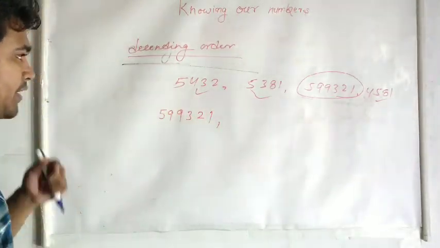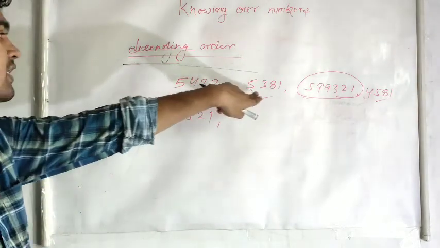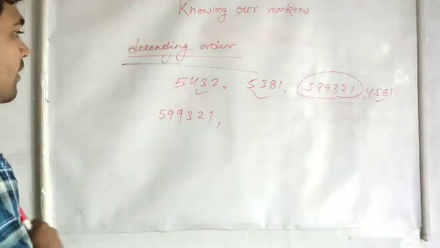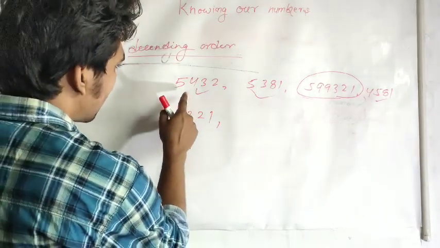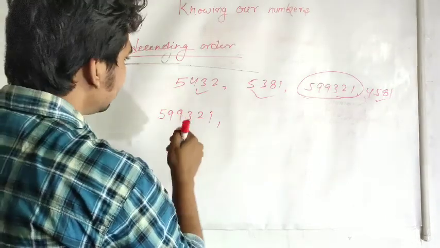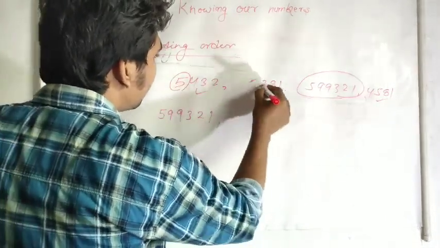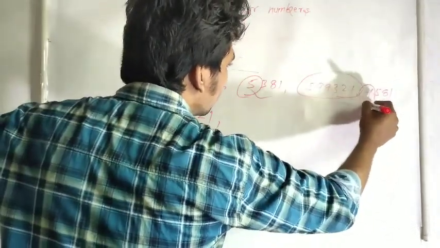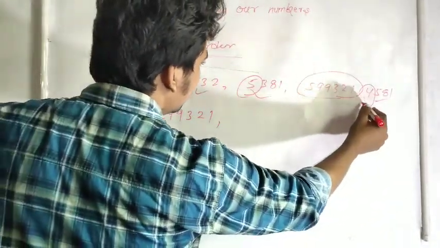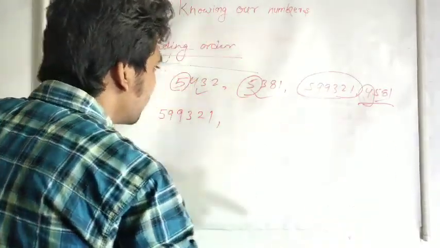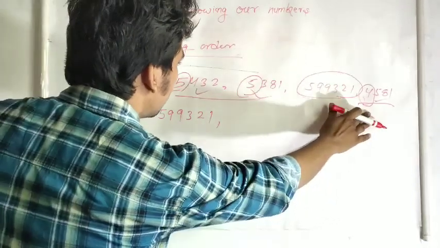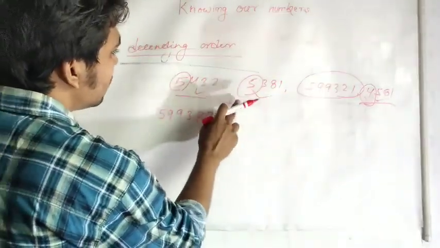When we observe these 3 numbers containing 4 digits, we find that at the 1000 place these numbers have digits 5, 5 and 4. So here we conclude that this number would be lower than these 2 numbers.